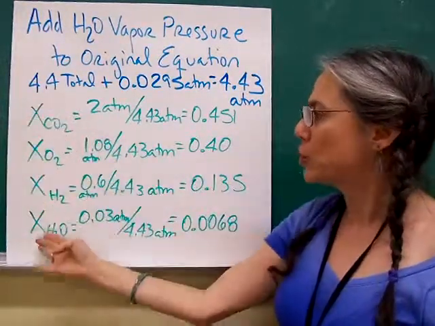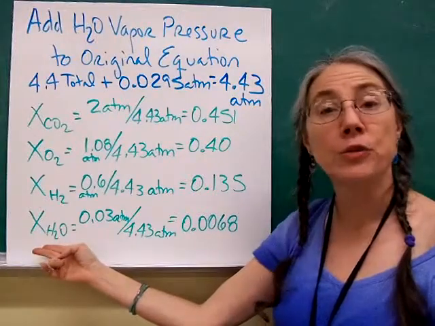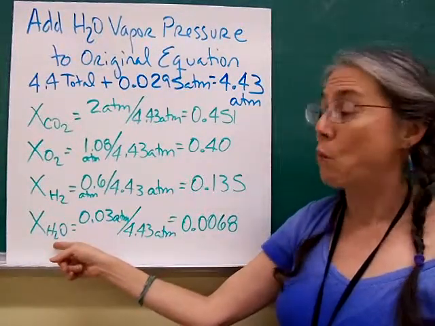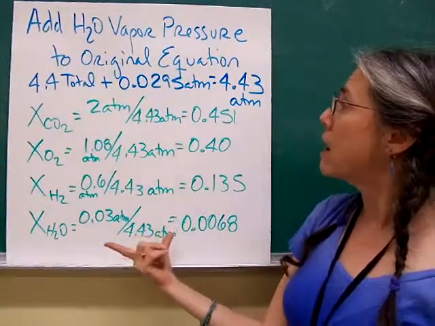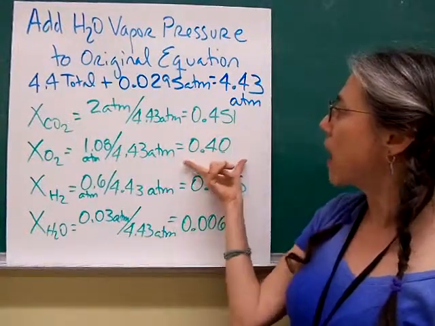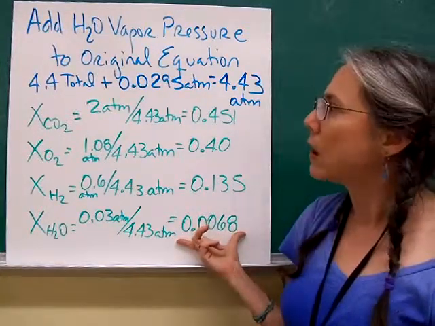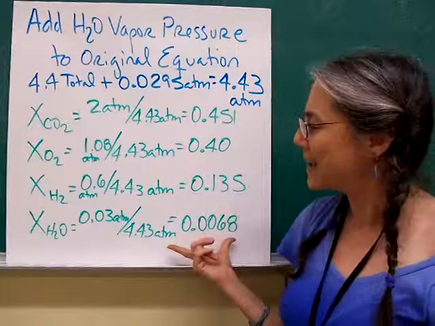So I have done the partial pressures for each of the 3 gases originally, plus the vapor pressure for the water. So here are our new pressures for all of our species of gas.